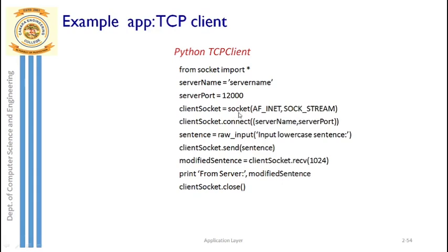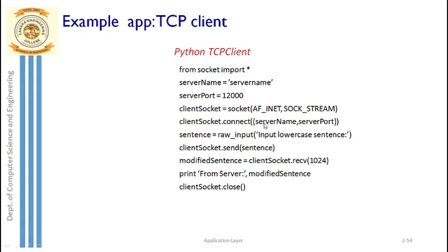Now the next step is, using this client socket, you send the request only. So that request is what? For the connection establishment. That request should be sent to the server. So again, when you are sending the connection request to the server, to which port of the server do you have to send? You can send the connection request to the server's welcome socket only.